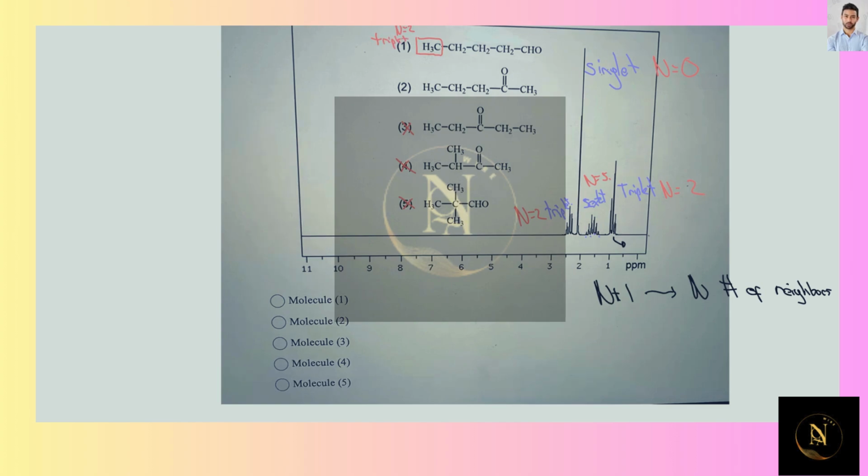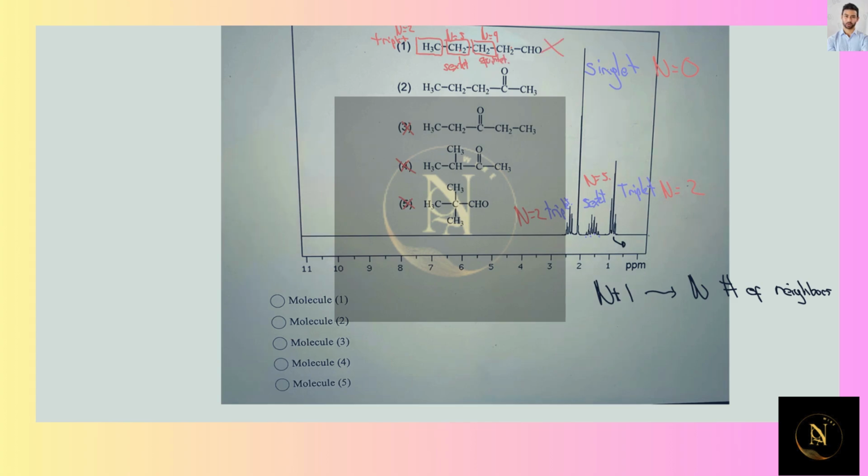Next up, this CH2 is going to have 3, 4, 5 neighbors, n equal 5, so this corresponds to a sextet. Next up, this CH2 is going to have 4 neighbors, so this is going to correspond to a quintet. And with that, we already know that this is going to be discarded.